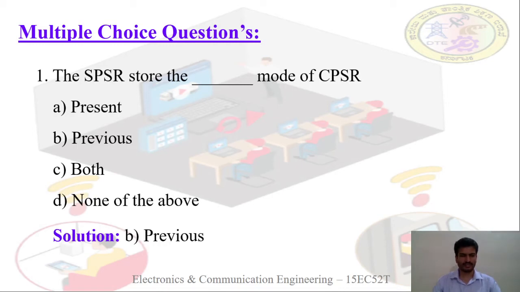Like in interrupts or exceptions, whenever an interrupt or exception occurs, the CPSR content will first be stored to SPSR. Then the ARM controller will change into the respective mode, whether it is, if an interrupt occurred, IRQ or FIQ mode or supervisor mode. So previous mode of the CPSR.